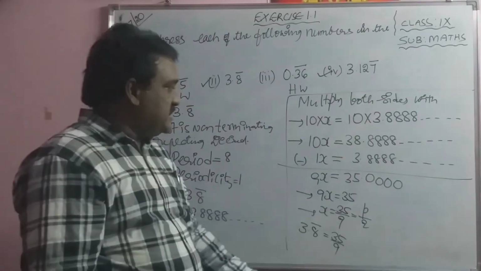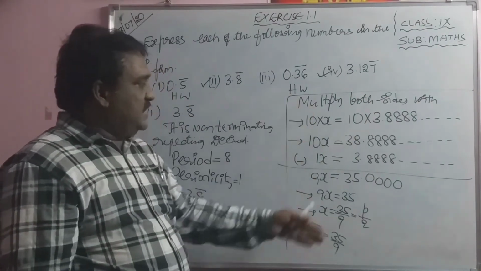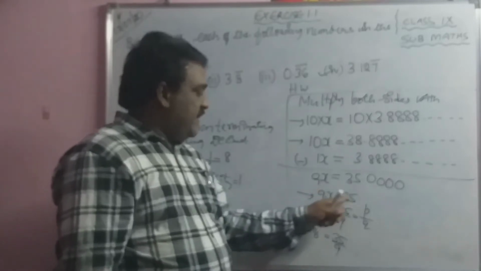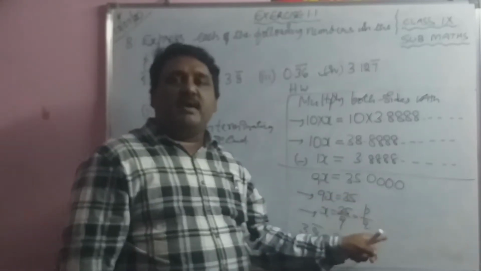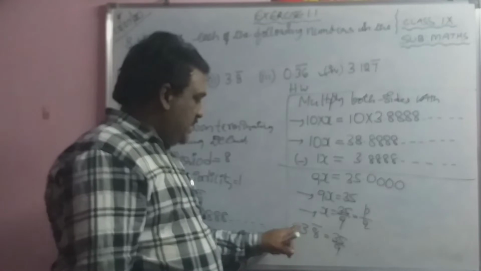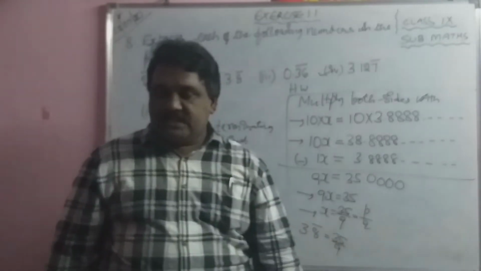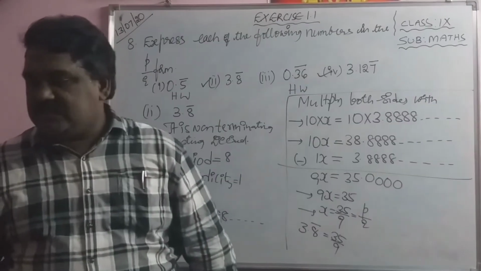Let us do the subtraction. We get 9x equal to 35, x equal to 35 by 9. It is in the form of p by q. So 3.8 bar equal to 35 by 9. It is the second sum.